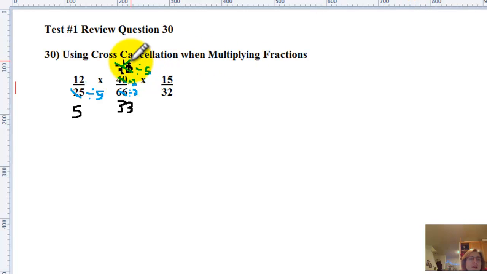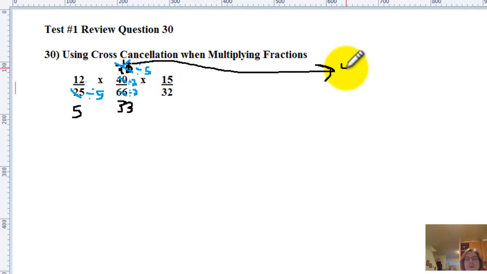So I've got a 1 there. This went from 40 to 20 to 4 to 1.